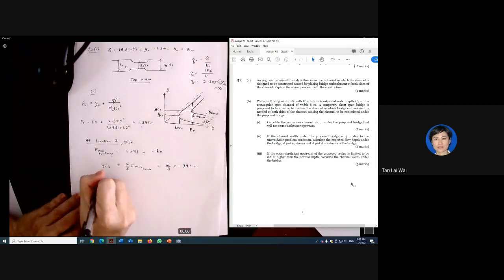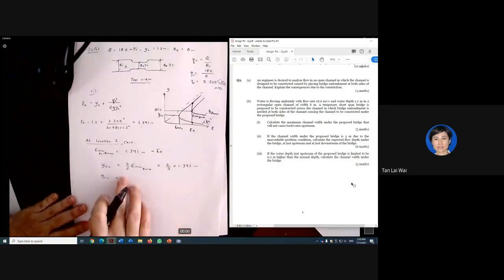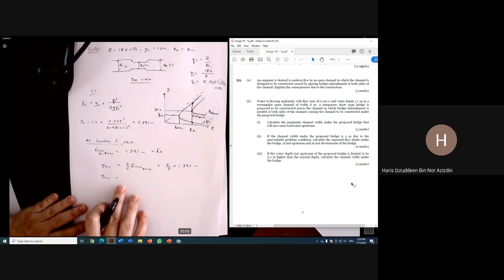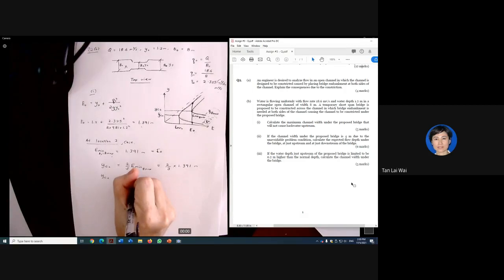So therefore YC2 is, what is the value here? What did you get here? 0.927. Correct, 0.927.